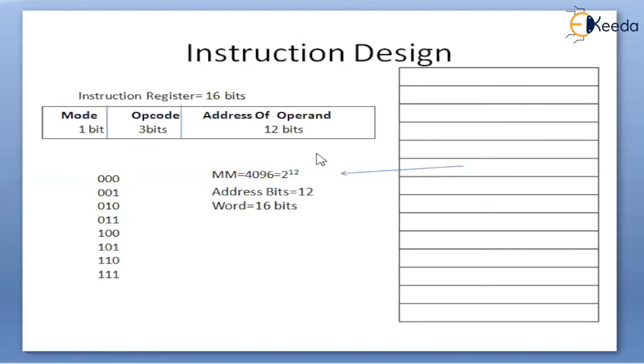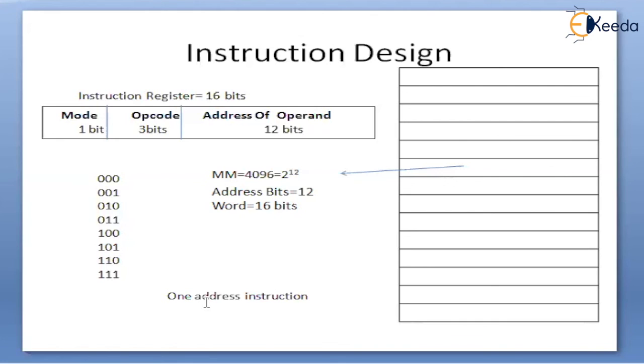Try to understand an important thing here. In the single accumulator organization, we have only one operand within the instruction. So these instructions are called one address instructions. I will write it here: one address instruction. What is a one address instruction?